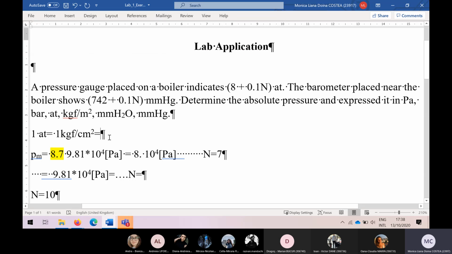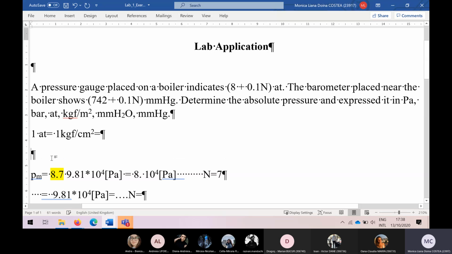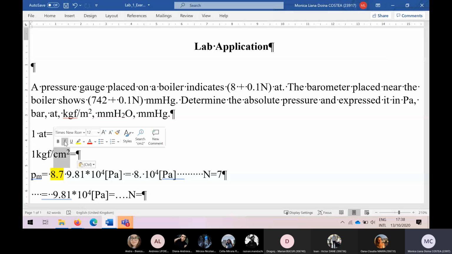The equivalence is done by 9.81. 1 kilogram force is 9.81 newtons.